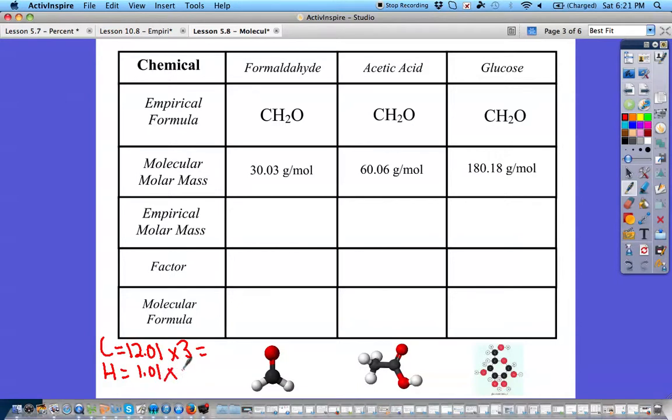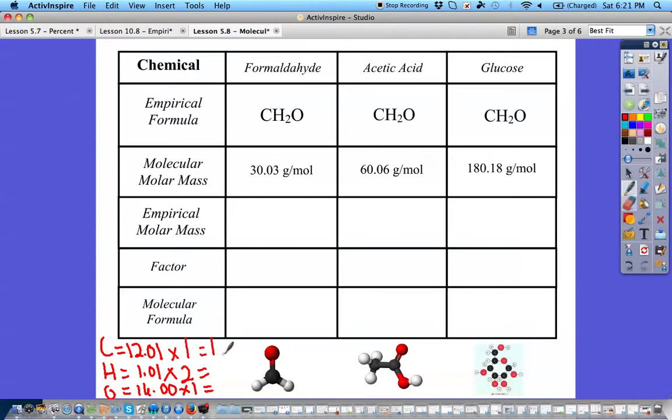I don't know why I multiplied that by 3. Hold on. Okay, like I said, I'm not sure why I put 3 here, because there's only 1 carbon.